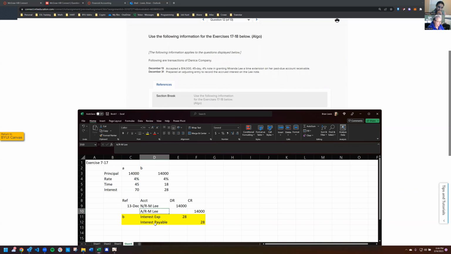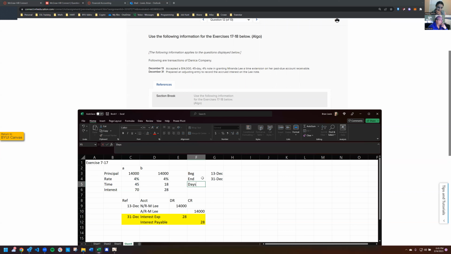And then you're recognizing the 12/31 worth of interest. And you would have figured out that number of days. That's probably the trick here, how many days to put in there. So the 18, so this is beginning, ending. So beginning was 12/13, and this is 12/31.